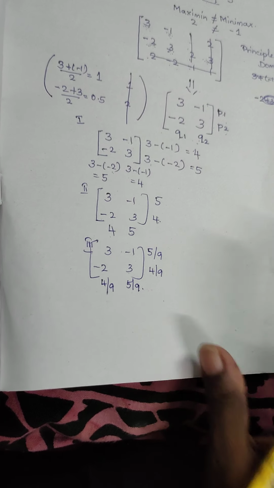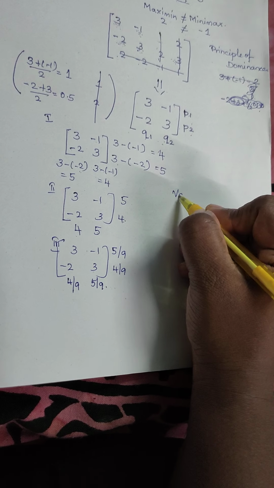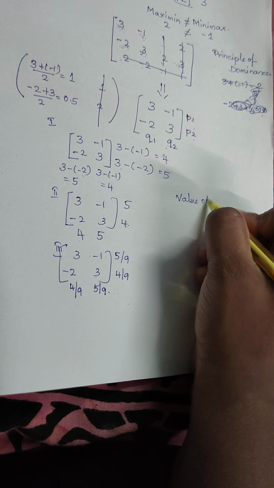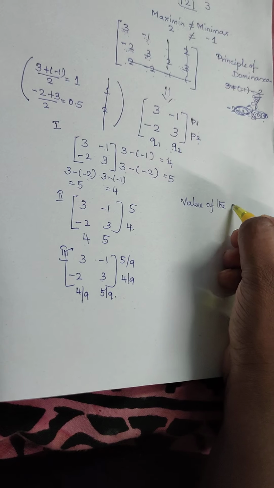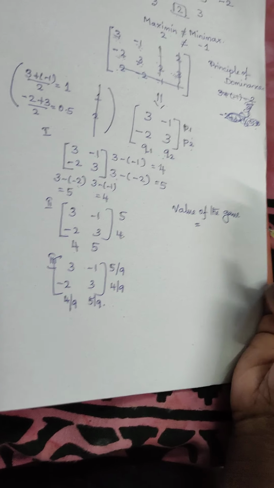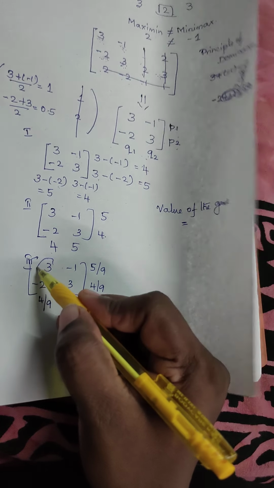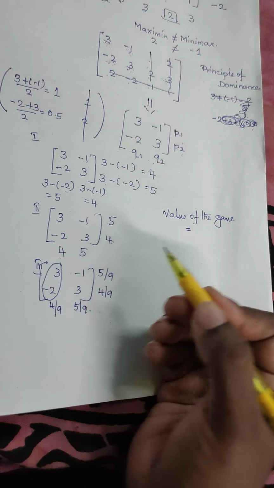So I have my values, P1, P2, Q1, Q2 values. Now I have to find the value of the game. Take any one strategy. For instance, I am taking these two values.